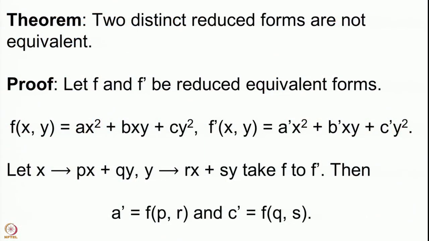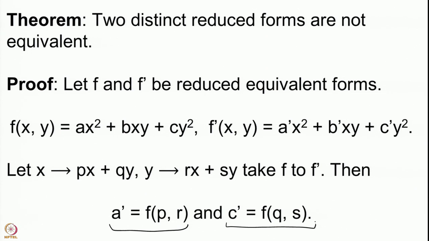This is the change that we are assuming, which takes place while taking the form f to the form f prime. We are going to prove the result by looking at these various inequalities for a prime, b prime and c prime. Further, we also note that when we have this change of variables, then a prime is given by f of p comma r and c prime is given by f of q comma s.